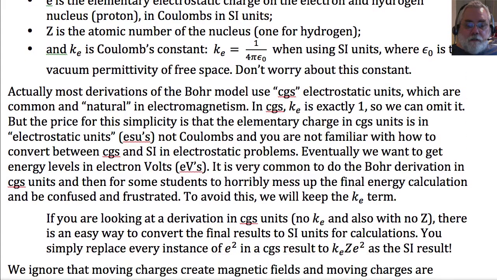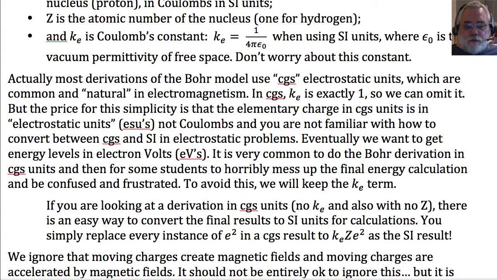If you're looking at a derivation in CGS units, which don't show a K sub E and probably also don't show a Z, there is an easy way to convert those final results to SI units for calculation.